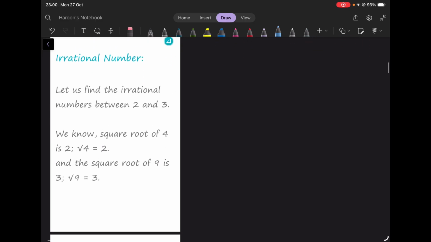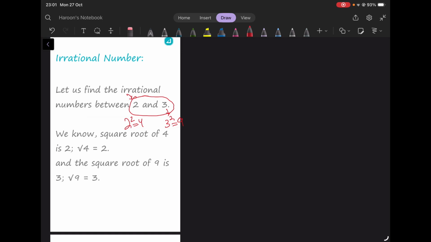Okay, now if you get a question in the exam that says find all the irrational numbers between these two numbers, 2 and 3. First of all, we'll take the square of 2. 2 squared is equal to 4, and we'll take the square of the last number, the maximum number. 3 squared is 9.